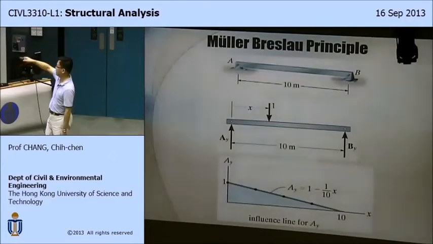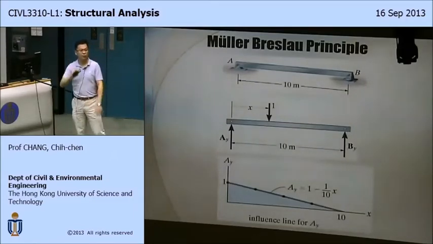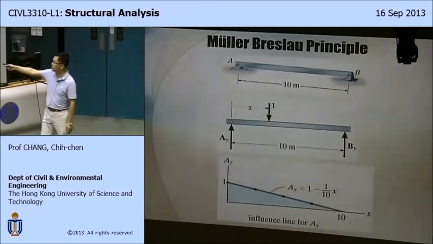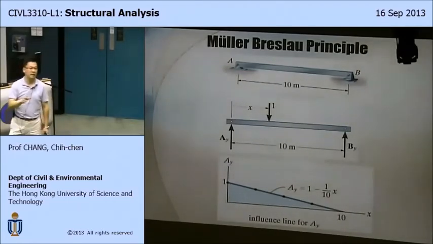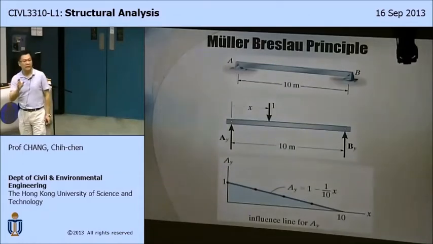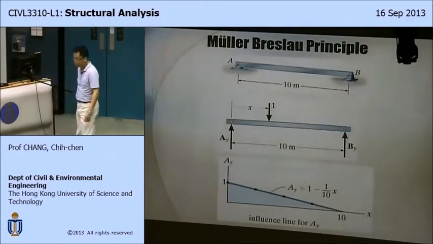If you draw this deflection shape, then this is the influence line. Remember that for determinate structures, the influence line should be linear, straight line segments. So you just deflect it in a rigid body fashion, and that will be your influence line.